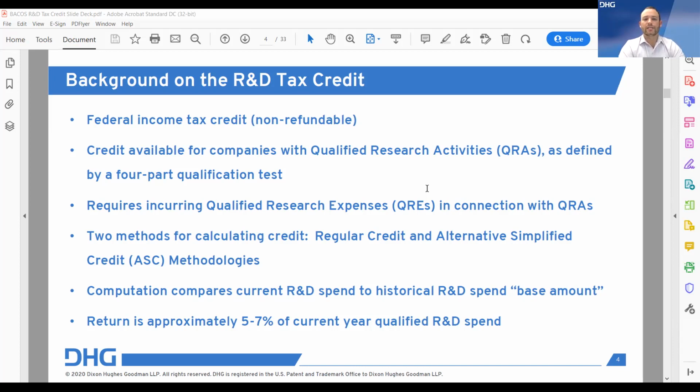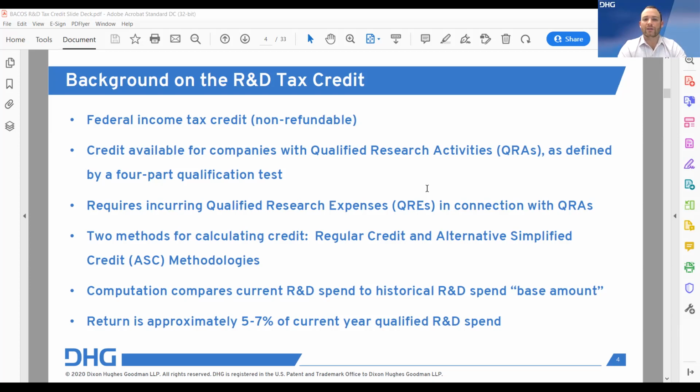So effectively, it's not only considering the current year R&D spend, but it's also looking back to the prior years' R&D spend as well. And as your spend increases from year to year, your credit amount will also increase. If you flatline your spend or have a decrease in your R&D spend, you may still get a credit, but it won't be nearly as sizable as if you're increasing your R&D spend as compared to prior years.